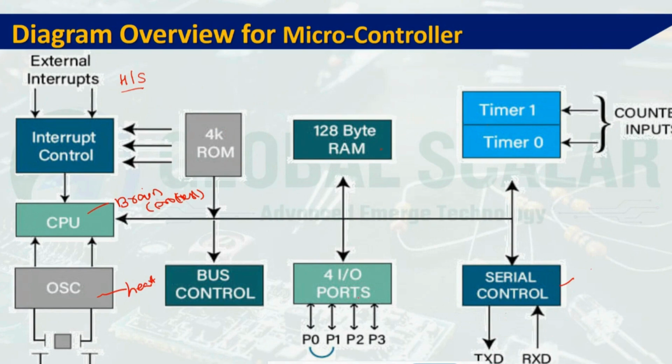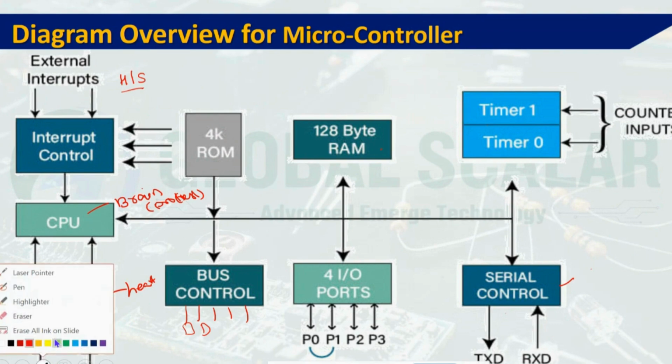We have a bus control, where we are able to control the complete system. We have ALE and PSEN, the pins connected to the bus controllers. So whatever data flows to the RAM and the ROM will be processed by the CPU.